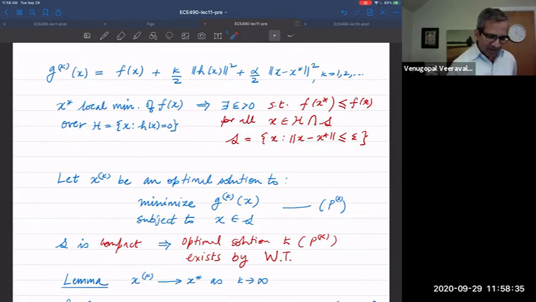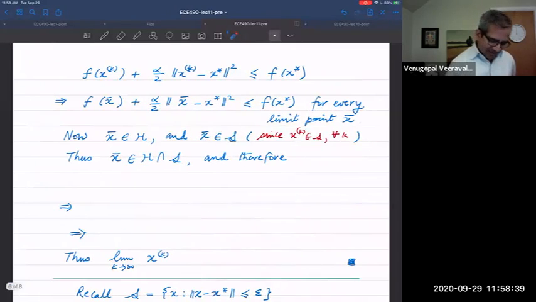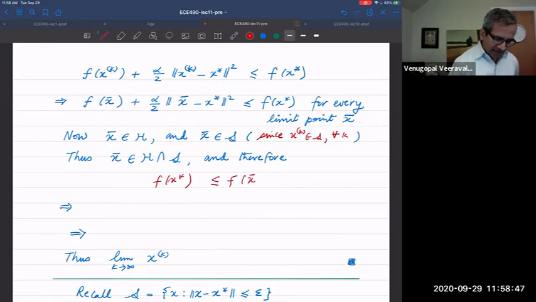Our x bar now goes on the right-hand side, and so we can conclude that f of x bar is less than or equal to f of x star is less than or equal to f of x bar, because x bar is a point in the intersection of h and s. By the fact that x star is a local min, I get that.